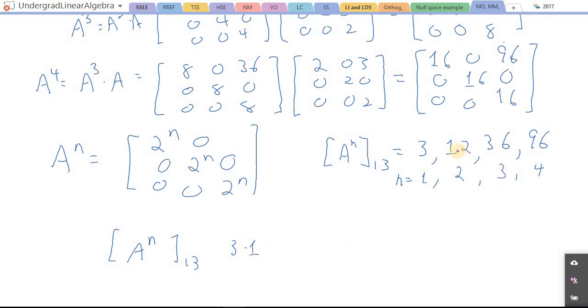This one here is, let me factor out a 2, that's going to be 2 times 6. Here let me factor out a 4, and this is going to be 4 times 9. And here let me factor out an 8, and then I get 8 times 12. So instead of writing this as 3 times 1, I'm going to write it as 1 times 3.